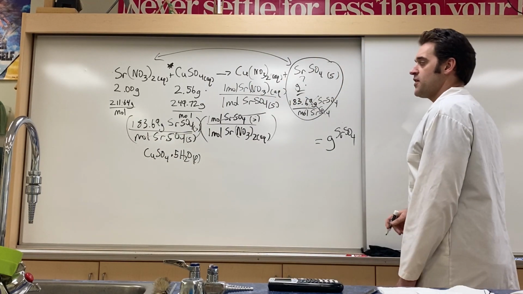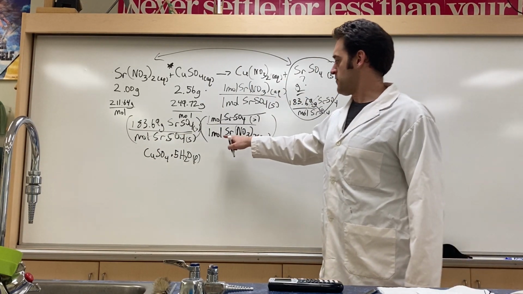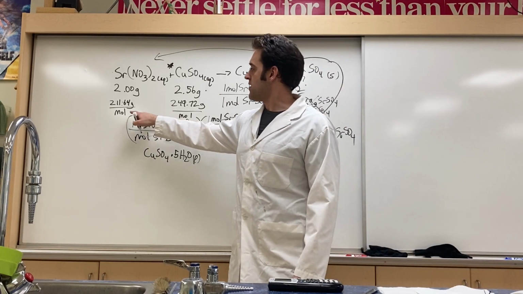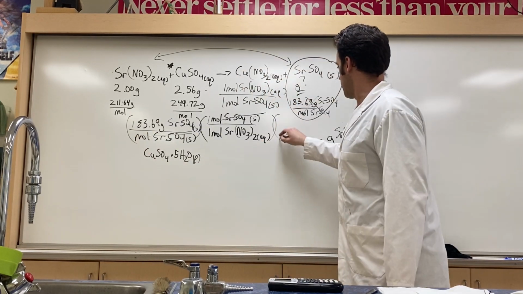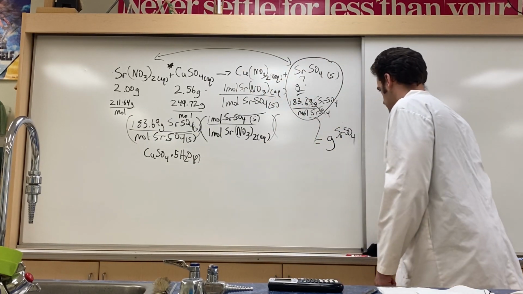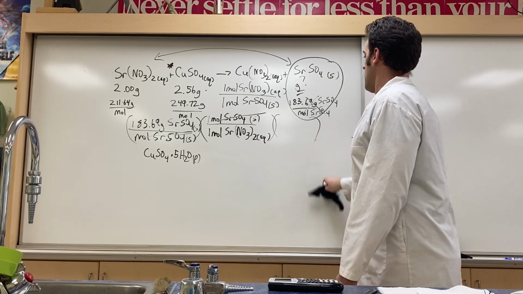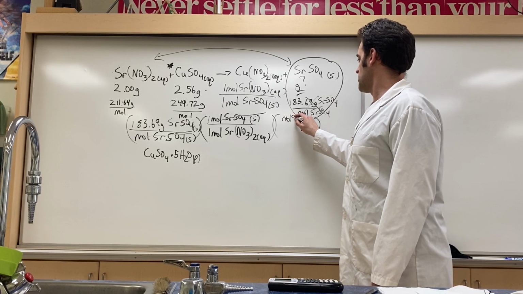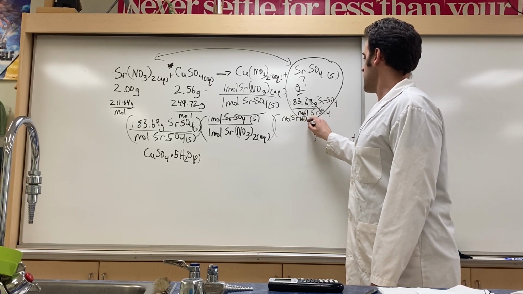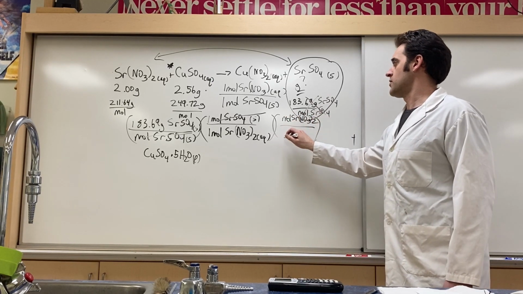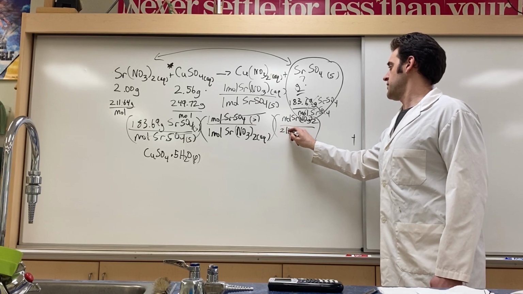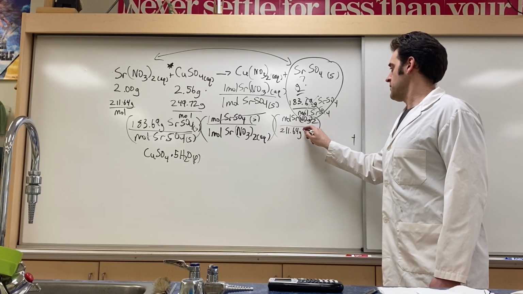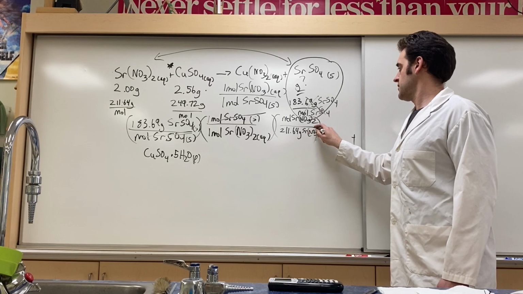Now for my last two variables, I need to get rid of mole strontium nitrate. So that's the mole I'm going to use, and I'll flip that around. I'm going to run out of room here, which I always do. So flipping the molar mass: mole strontium nitrate over 211.64 grams strontium nitrate.